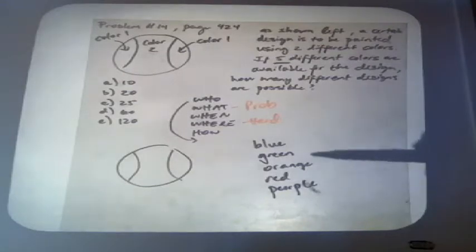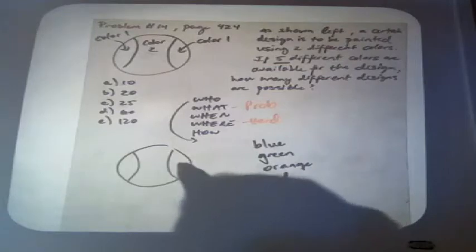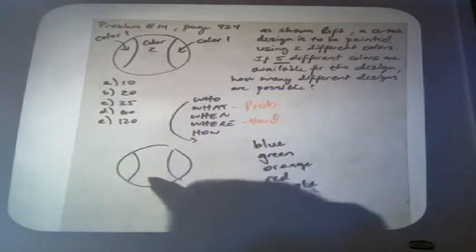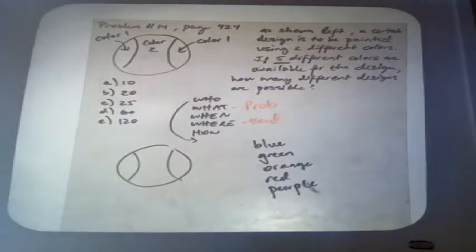Remember that of these 5 colors, we can only use 2 at a time in our design, where one represents the outside color and the inside part represents another color. So I'm going to show an example of what that would look like.